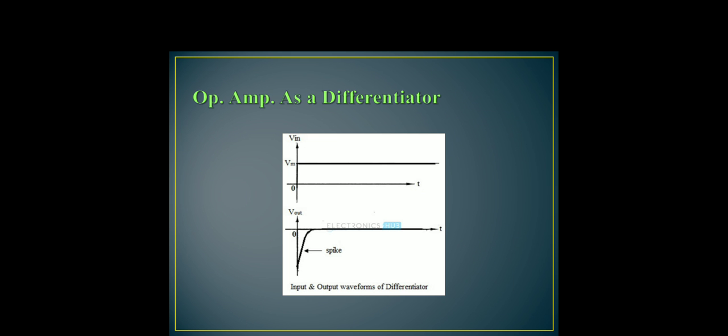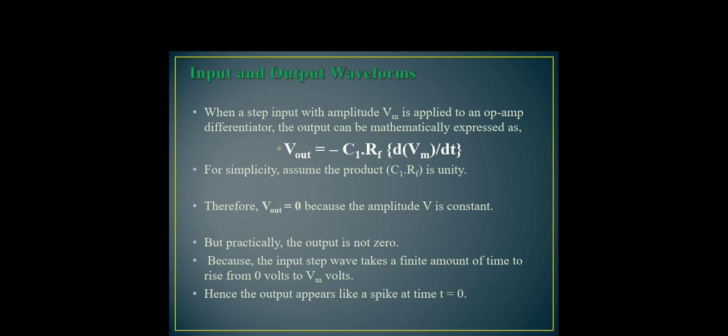Observe these input-output waveforms actually. For a step input voltage Vm applied to the op-amp differentiator's input, mathematically it can be expressed as Vout = −C1 Rf dVm/dt.